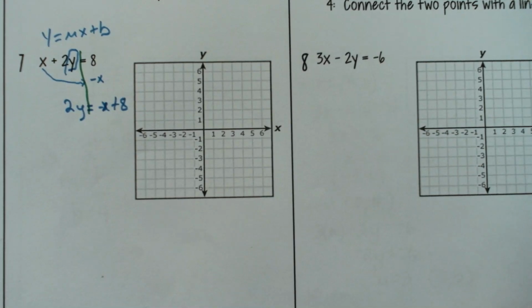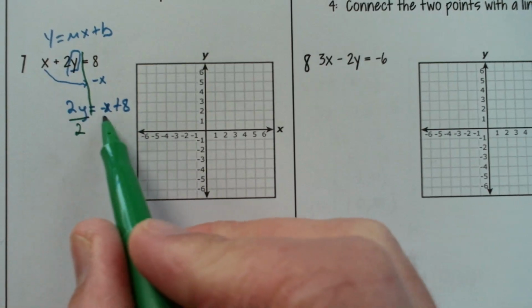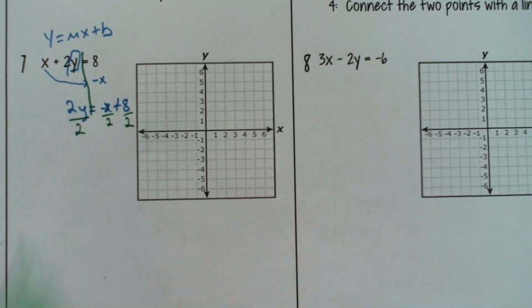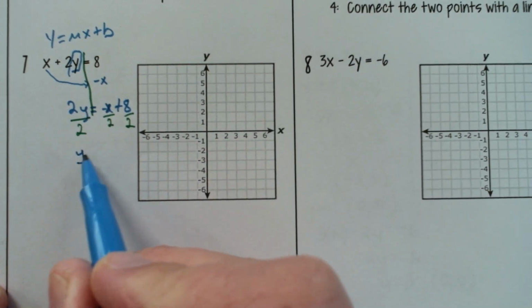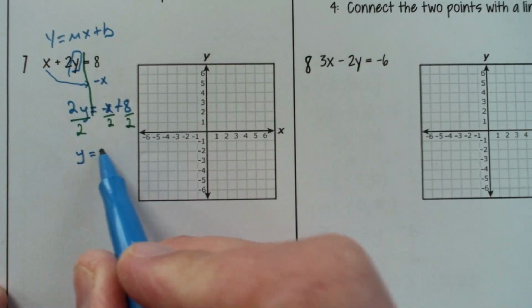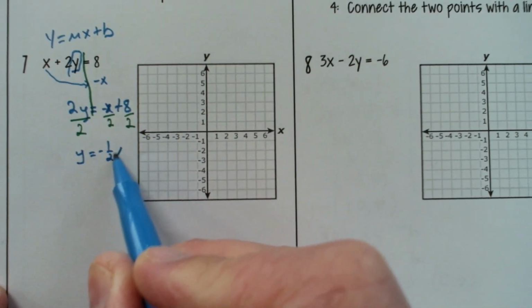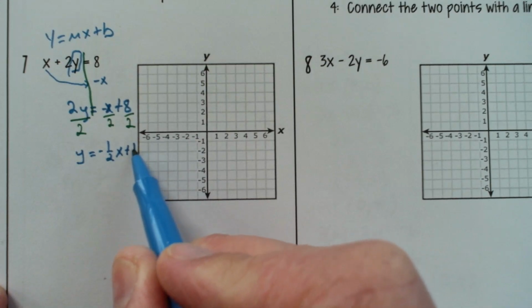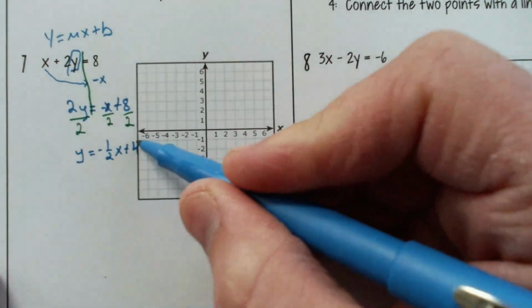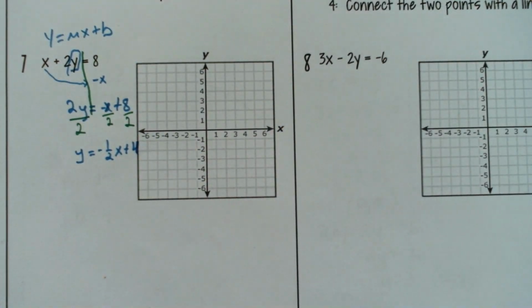I'm still not in slope-intercept form yet, so I need to divide everything by 2. I'm peeling that 2 off of the y, so this becomes y equals negative 1/2 x plus 8 divided by 2, which is 4. Now that I have my slope-intercept form, I can graph it.